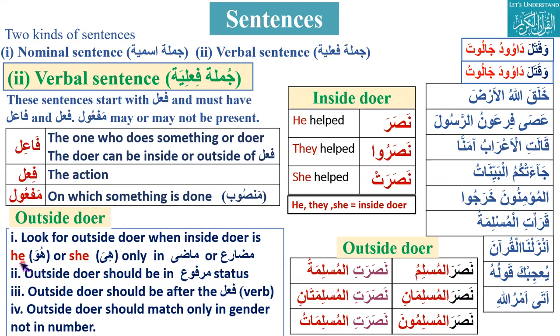The inside doer is like in nasara, she. If there is an inside doer, he or she, in madi or mudari, we have to look at whether we have an outside doer, yes or no. And the outside doer should be marfu.